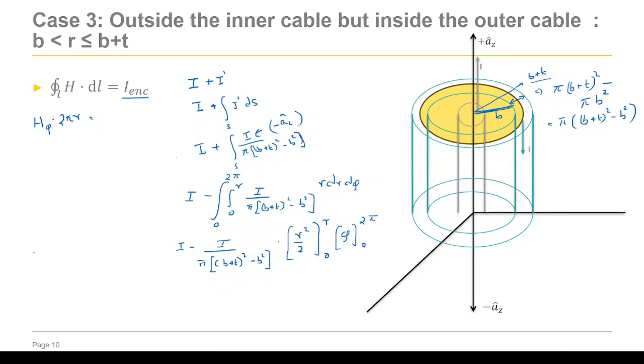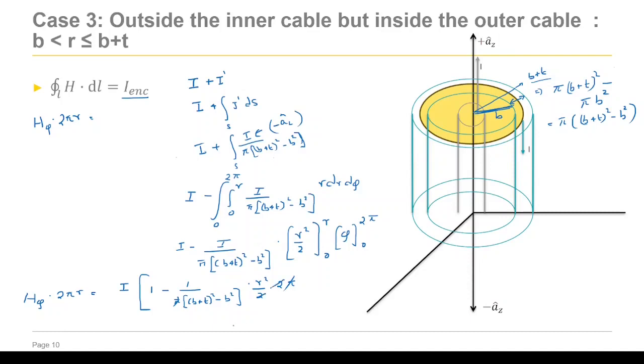So I see that I have is equal to, let me go ahead and take an I outside, 1 minus 1 by pi times (b plus t) the whole squared minus b squared, times R squared by 2, times 2 pi.